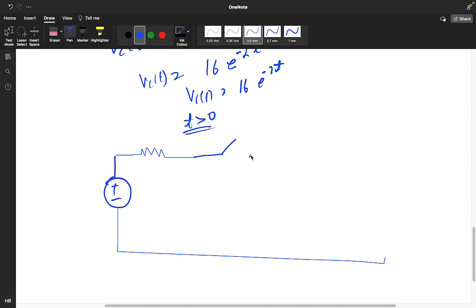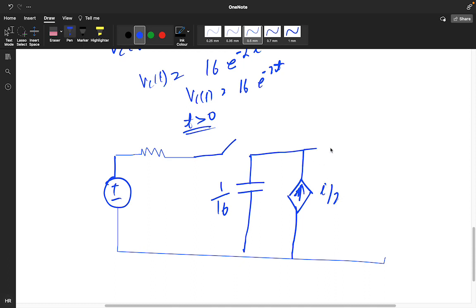I am drawing it, and this particular value 1 by 16, and this particular value I am getting I by 2, and this particular is 1 ohm, and this is 3 ohm. But you need to find the value of I.